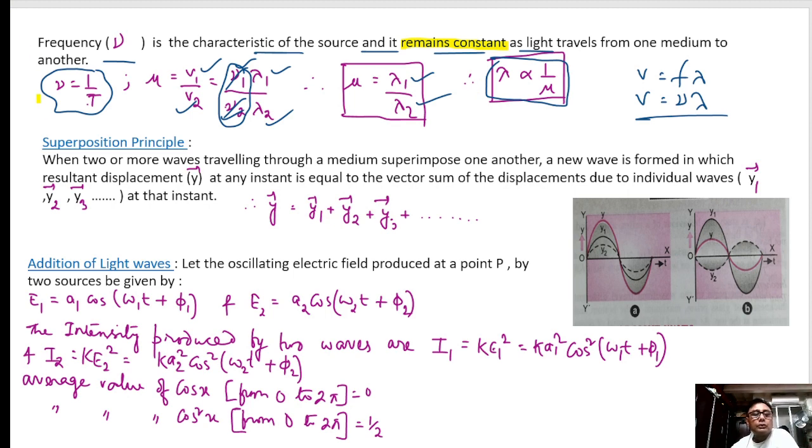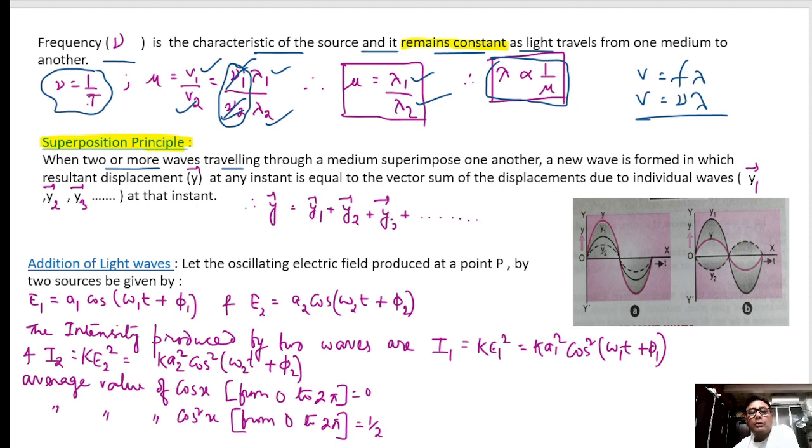Next is the superposition principle. What does it tell? See here, we have taken two waves, one is a dotted line and one is a dark line.